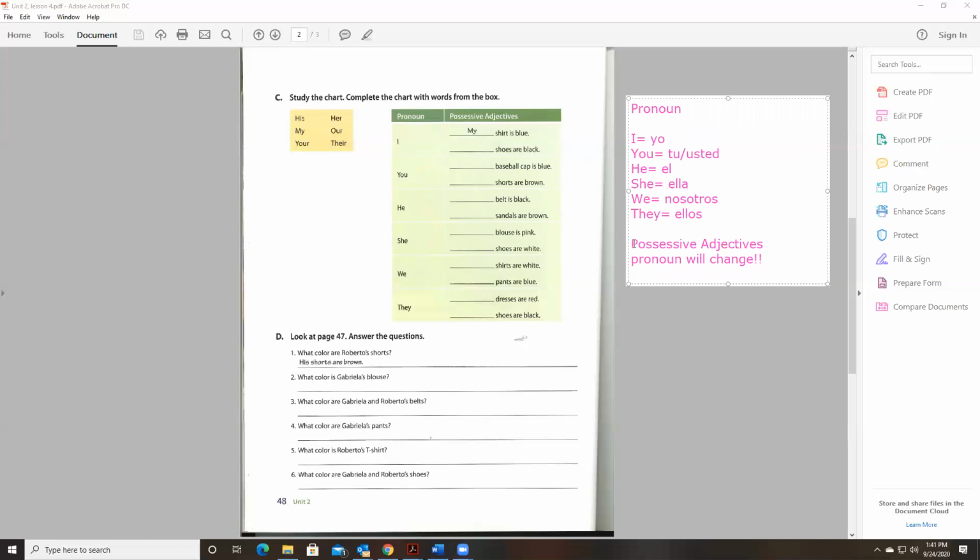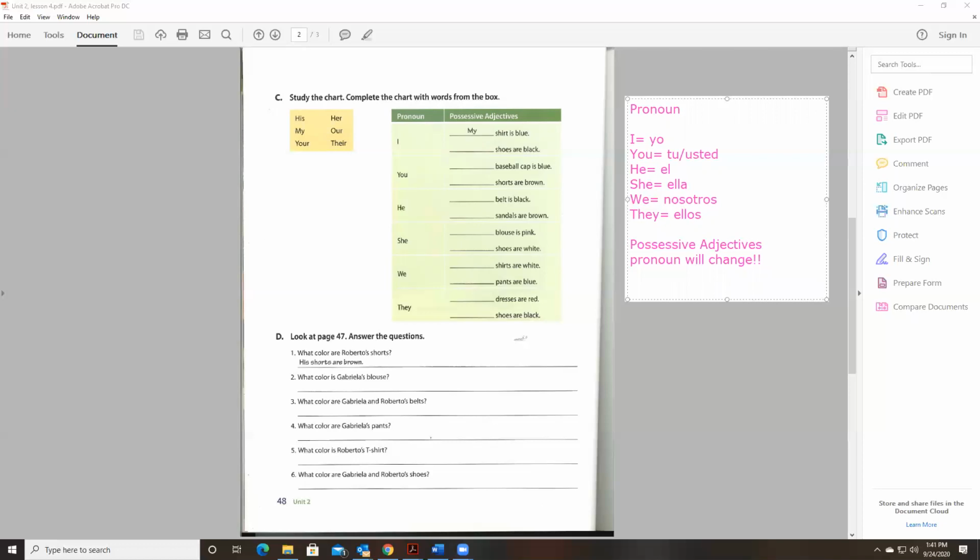All right. Now, possessive adjectives. Possessive. La manera que yo siempre me acuerdo es posesivo. Right? Algo que le pertenece a ti o a esa persona o a ese grupo o a ustedes. Okay.